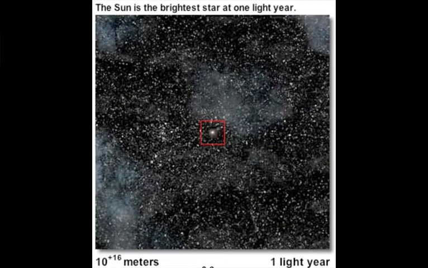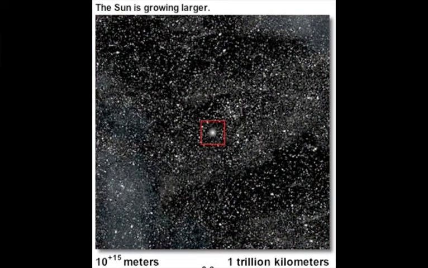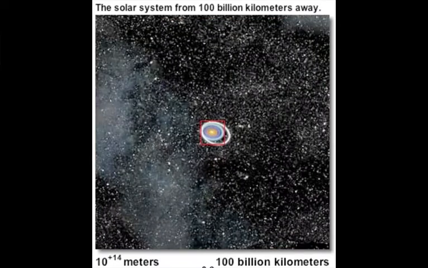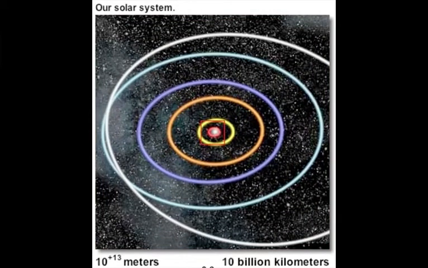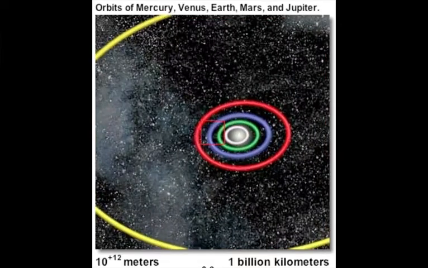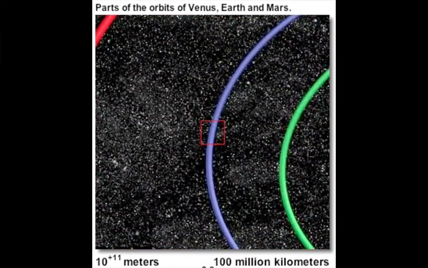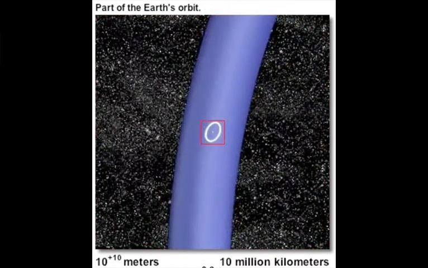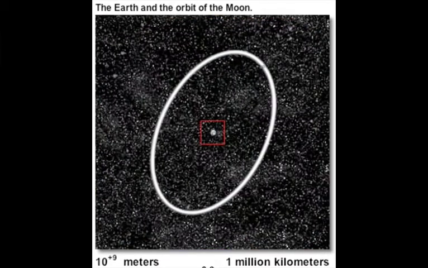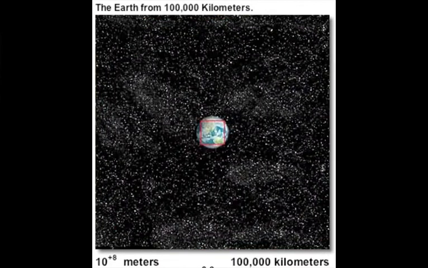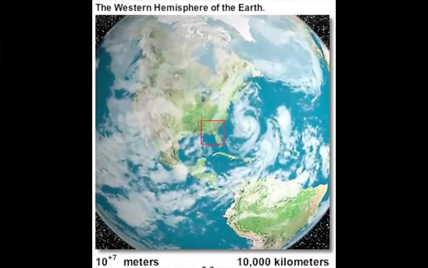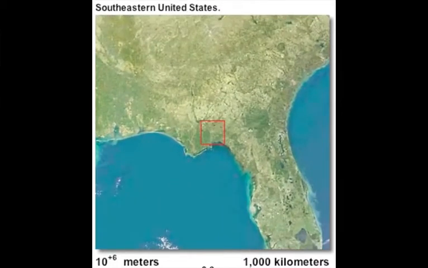There's the sun. Here's our solar system. Okay, we're getting close to the Earth there. There is our Earth. Okay, so now we are entering the biosphere.